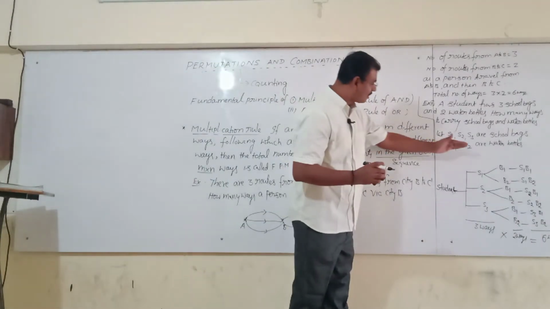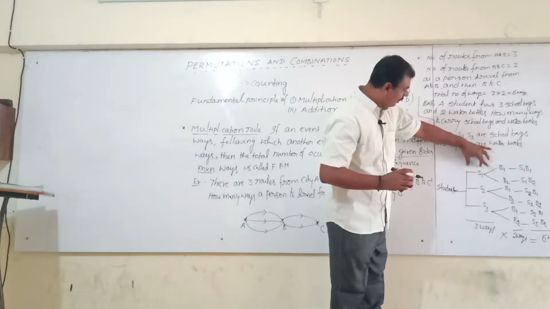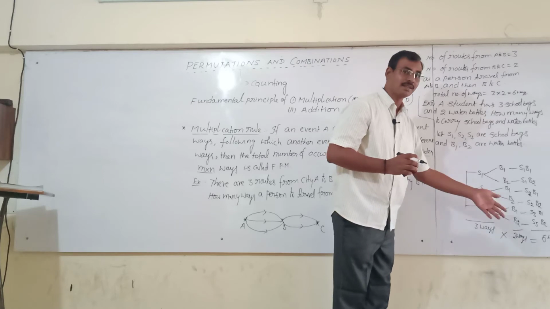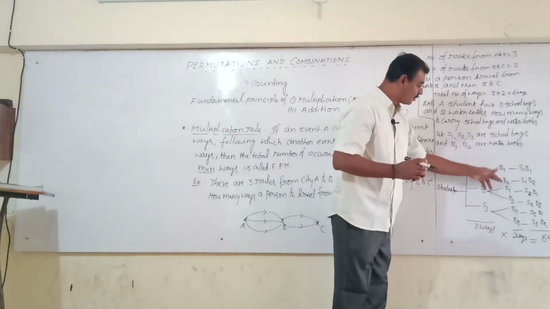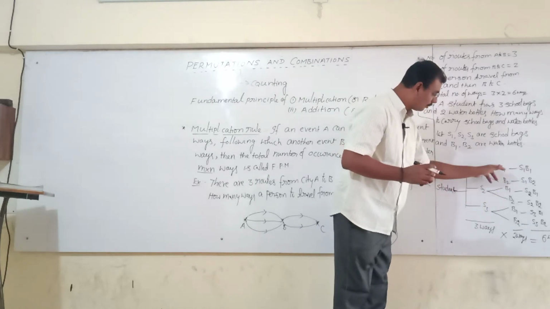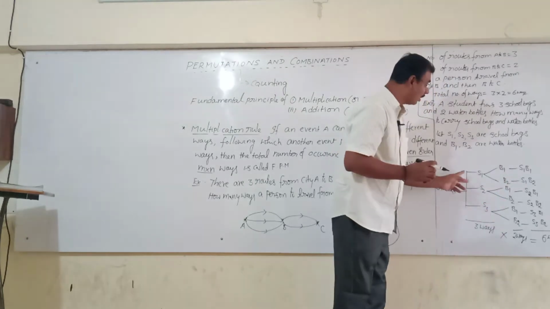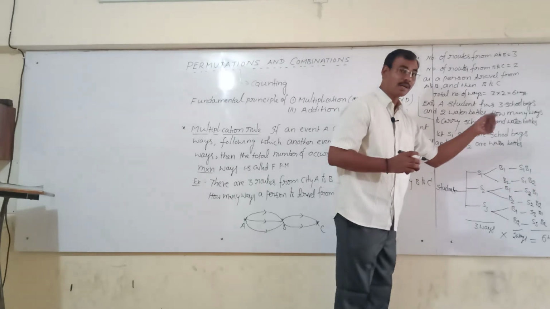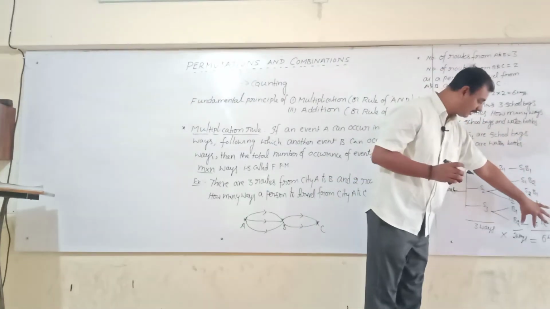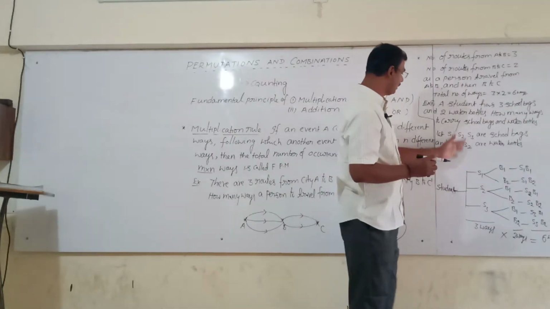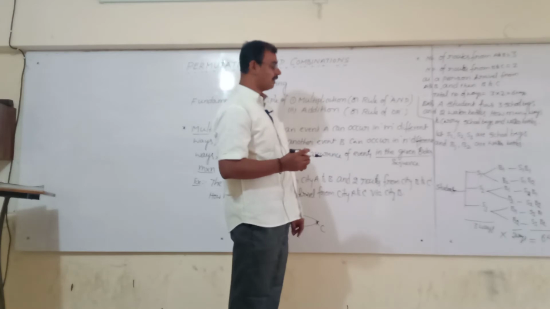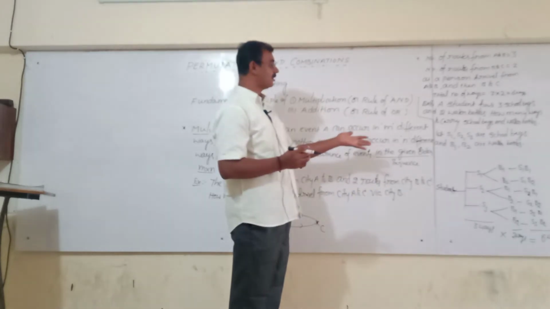The first event is the school bag, and then he has to choose water bottles in 2 ways. The total number of possibilities is equal to 6. Clear? This is how we find the total number of ways.